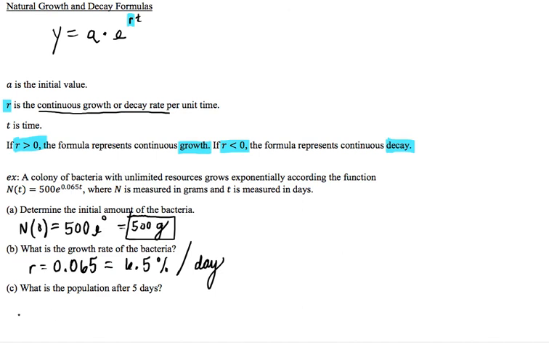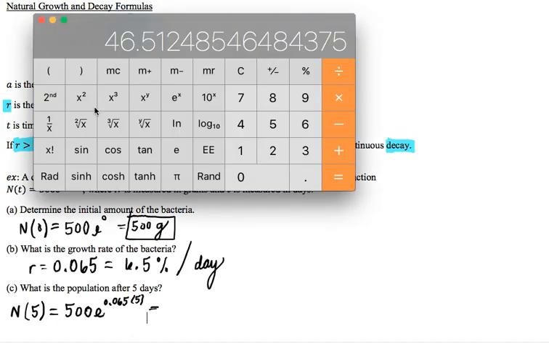Okay, so what is the population after 5 days? Well, that would just be to plug in 5, take n of 5, we get 500 times e to the 0.065 times 5, which we need a calculator for. So 0.065 times 5 in our exponent.